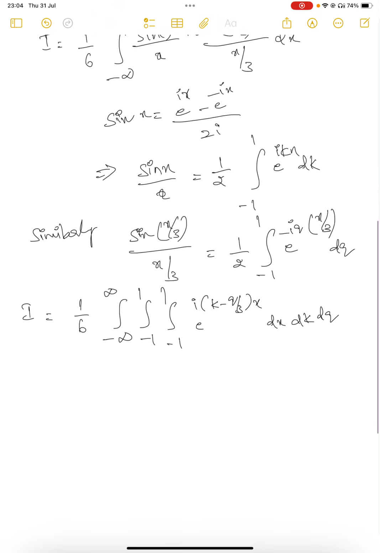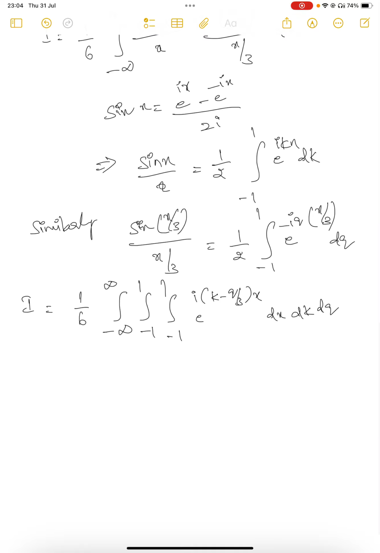There are three variables, right? Fine. Now this integral minus infinity to infinity has limits for x, right? We will just move it inward. I equal to 1 by 6 into integral minus 1 to 1, integral minus 1 to 1. Sorry, there is a factor of 1 by 2 into 1 by 2, which is 1 by 4. Right? Let's do one thing.